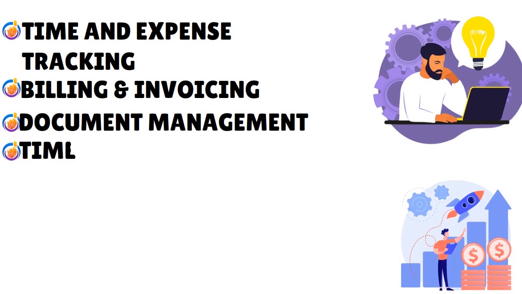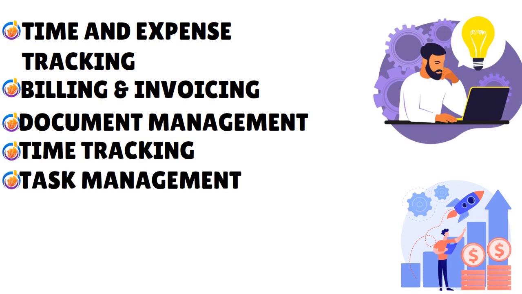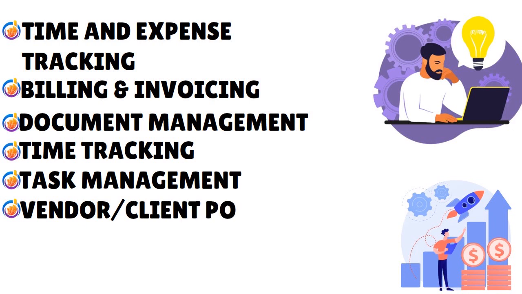They do have time tracking. So here we're speaking about the productivity of your lawyers, not just vis-a-vis billing customers, but just internal for, let's say, productivity and performance evaluation. You have task management, and then you also have a vendor client portal within Clio. Of course, we're speaking here about the prominent features you can see within Clio.